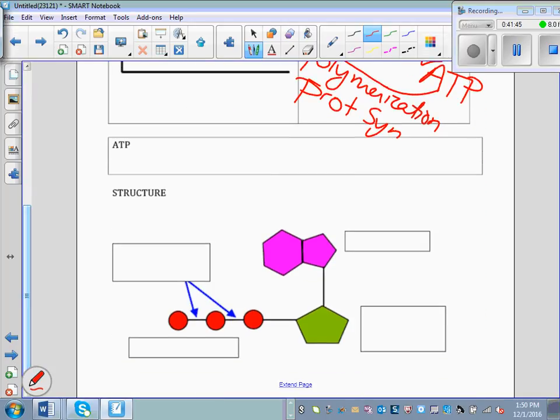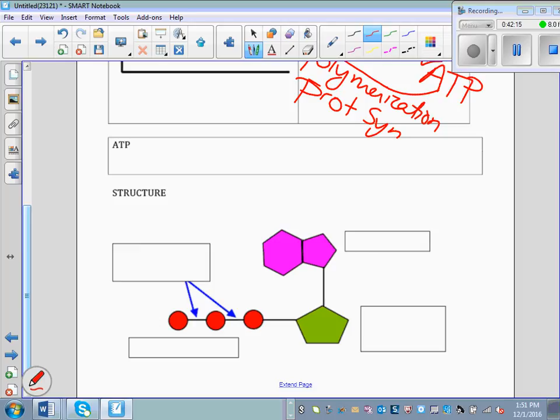Okay, ATP is adenosine triphosphate. What macromolecule is ATP? What are the four macromolecules? Protein, lipid, carbohydrates, nucleic acids. Fats are lipids.